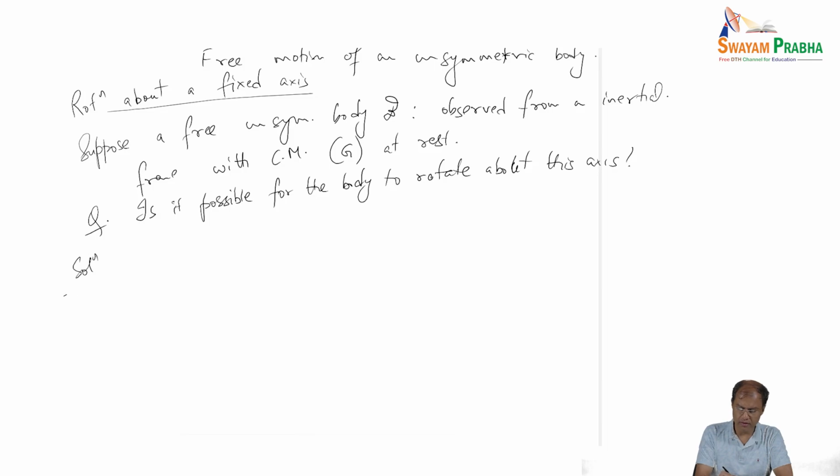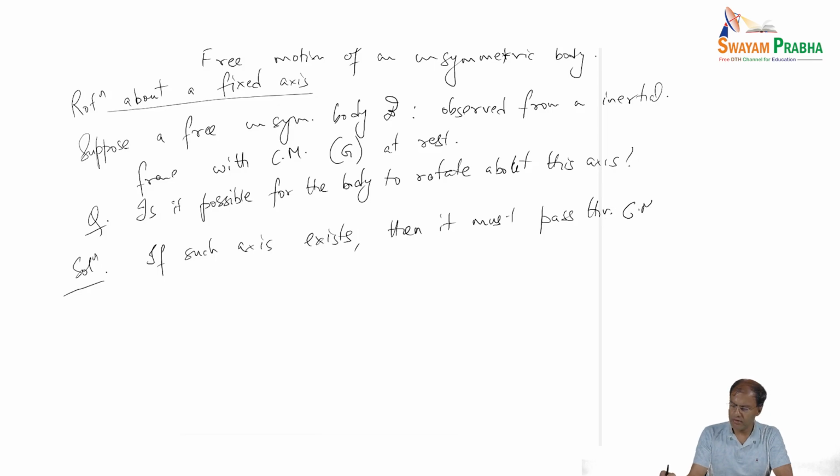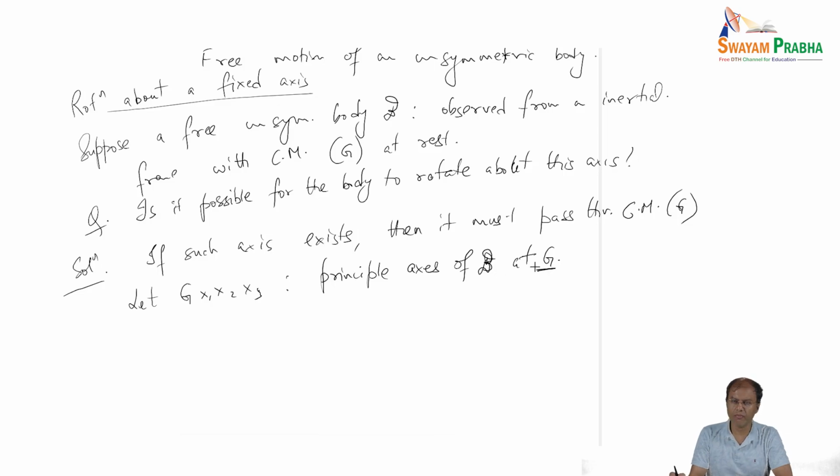So let G, x1, x2, x3 be the principal axes of B at G. This is the principal axes of the body passing through the center of mass G.